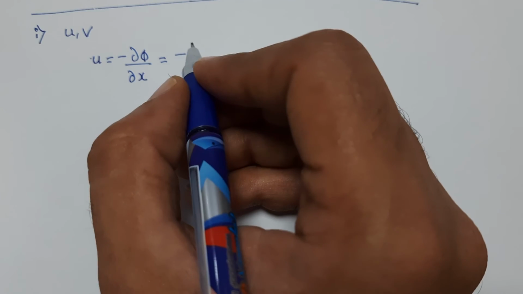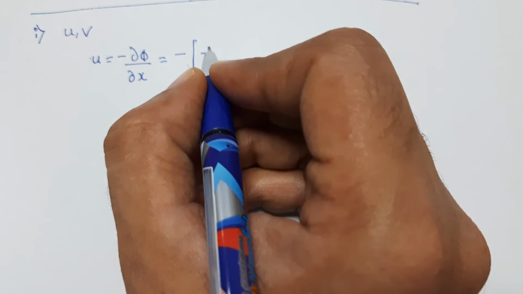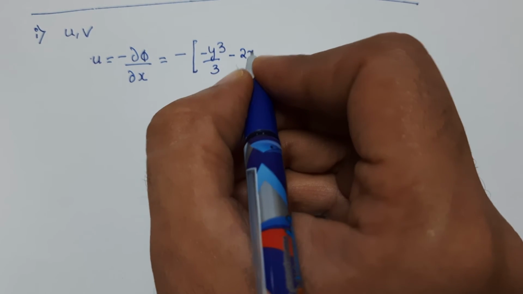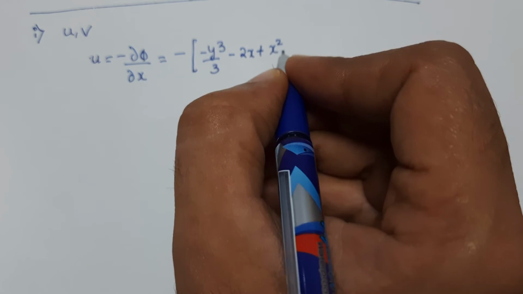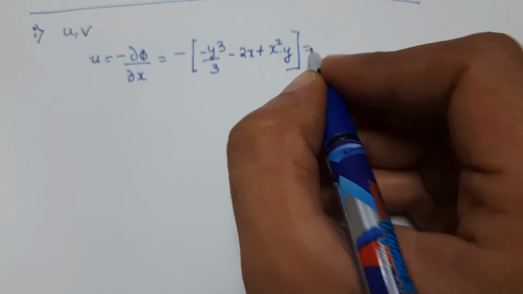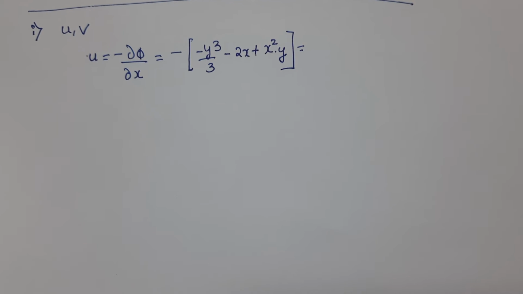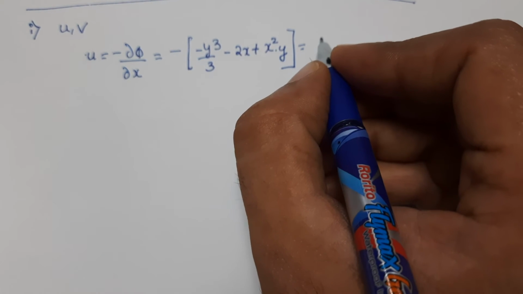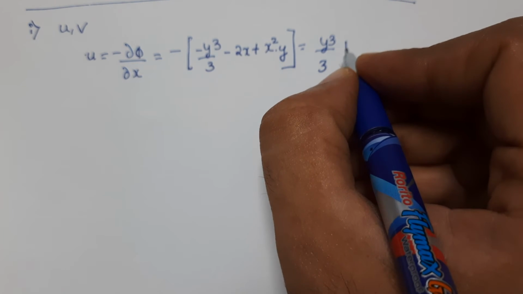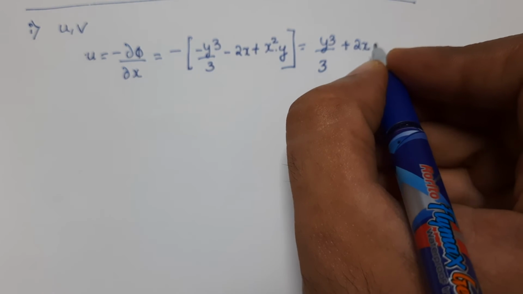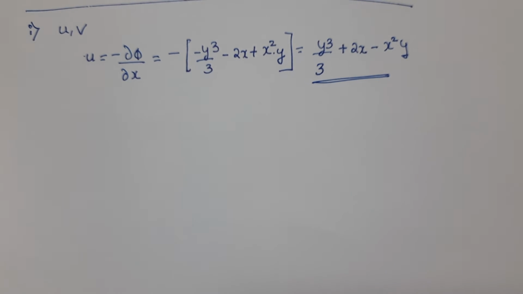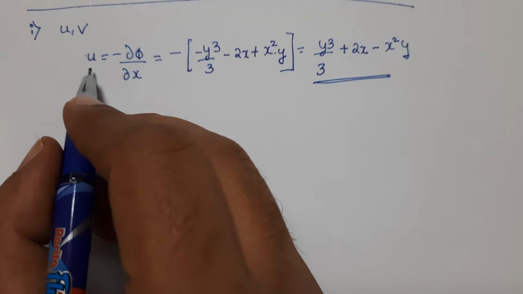We need to write it down, that is minus y cube by 3 minus 2x plus x square into y. So with the minus sign here, if you write it down correctly, you'll get y cube by 3 plus 2x minus x square y. So this is the velocity component u.